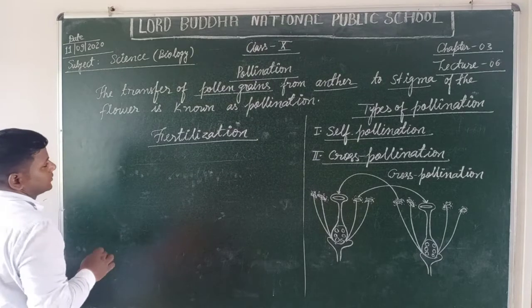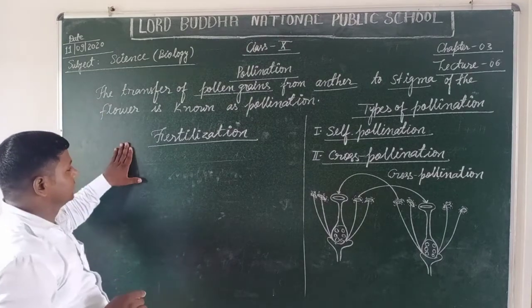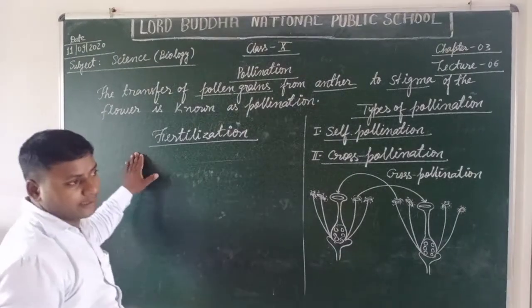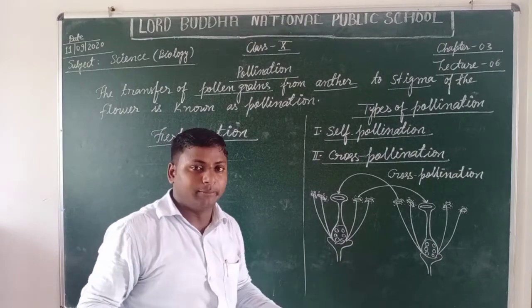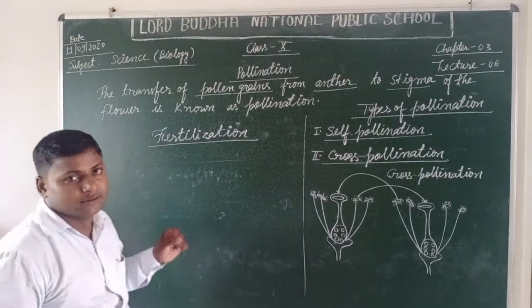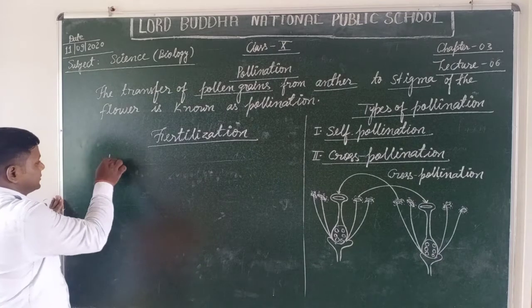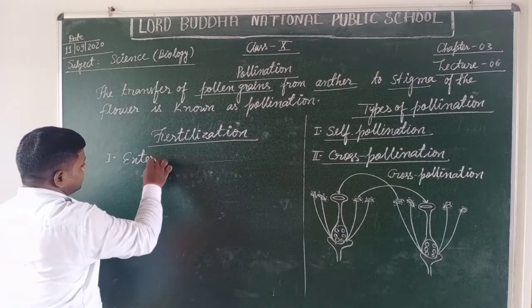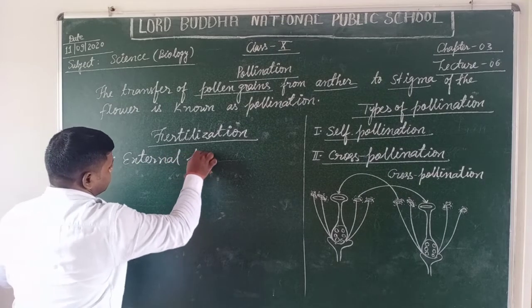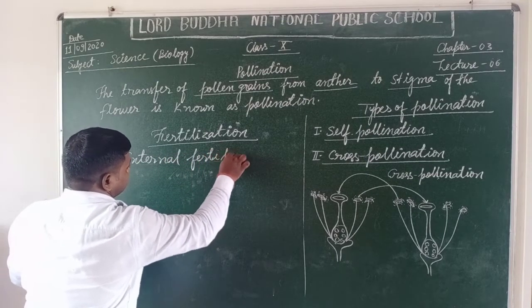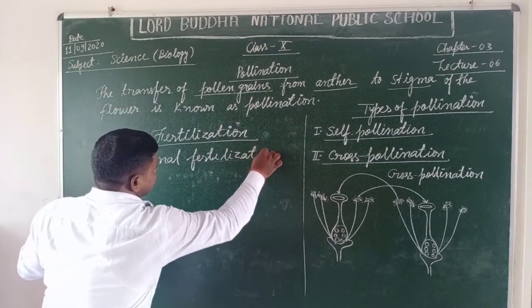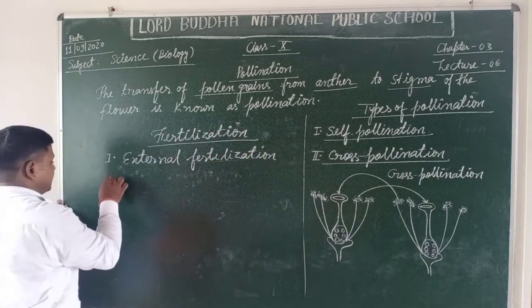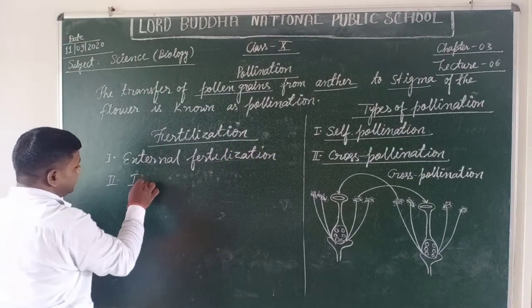Now students, what is fertilization? All of you very well know that the fusion of male and female gametes is known as fertilization. Students, it is of two types. The first is external fertilization, that takes place in the lower categories of organisms, and the second one is internal fertilization.